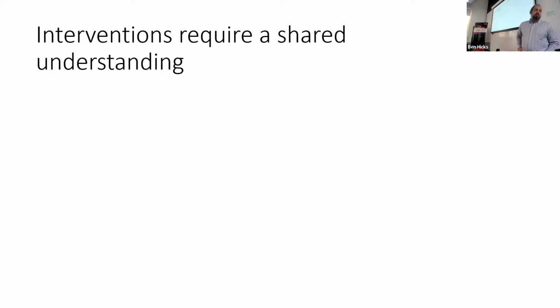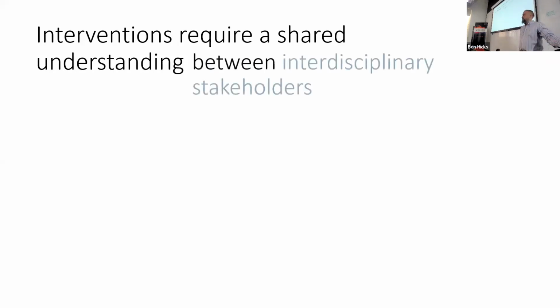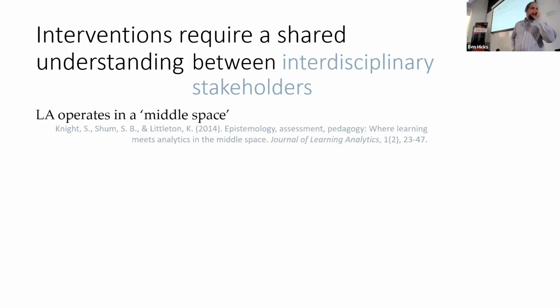This can't be said for what happens at scale with the datification of education. So we have to have some kind of shared understanding between different stakeholders that are facilitating different roles in the learning system. As such, the people that understand the context and take the actions are often removed from each other, and as such, learning analytics has to operate in this middle space between these areas of expertise.